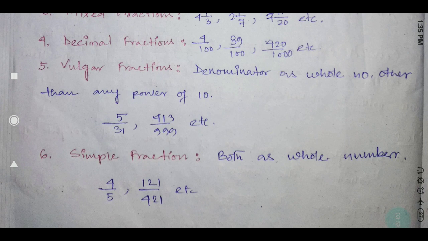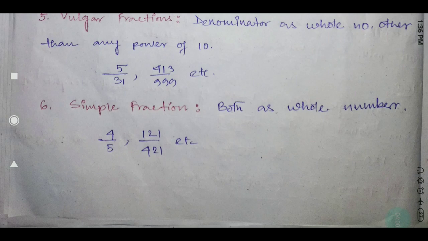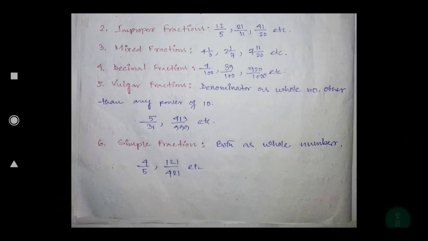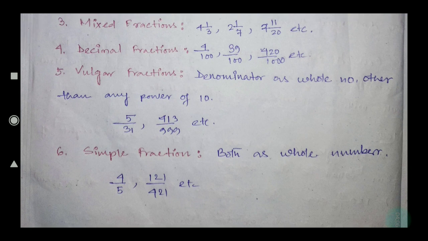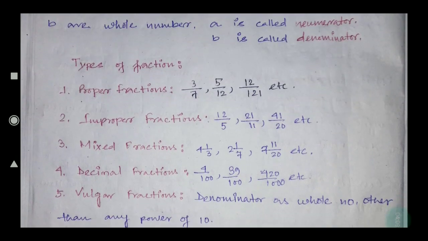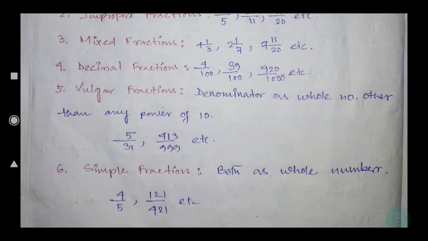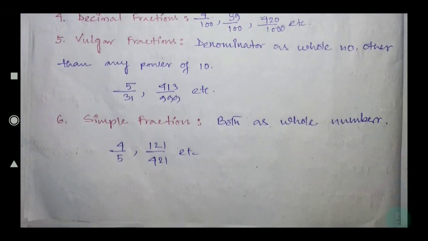It can be any whole number except a power of 10. Simple fraction: both numerator and denominator are whole numbers. So it's a normal fraction. All these fractions, proper fraction, improper fraction, mixed fraction, decimal fraction, are called what? Simple fractions only.